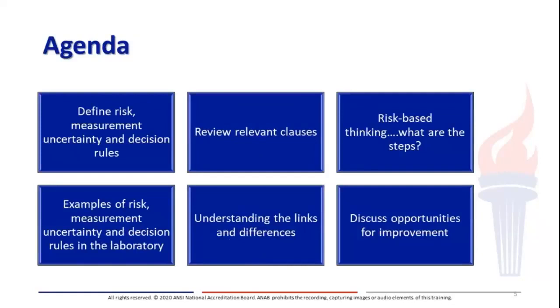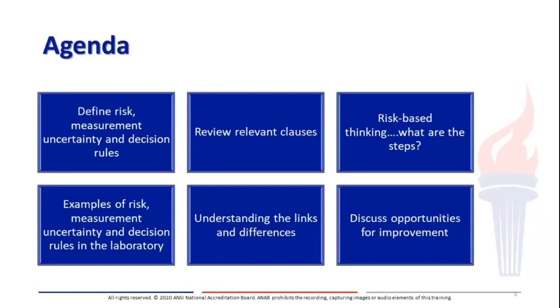In respect to the standard, there's a few definitions that we're going to talk about. What's defined as risk, measurement uncertainty, and decision rules. We'll take a look at the relevant clauses. We're not going to get in depth with those. We'll just scratch the surface as to where they are in the standard. What are the steps for risk-based thinking?